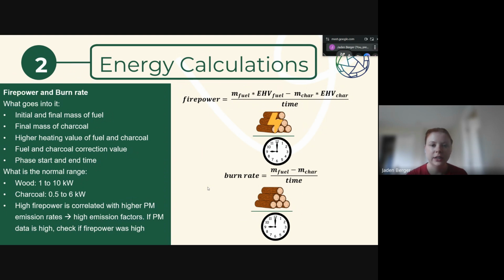This is essentially just how much energy was used divided by the length of time it was used over, which should be 30 to 60 minutes in an ISO test. And for burn rate, it's just the mass of fuel used over that same time period.